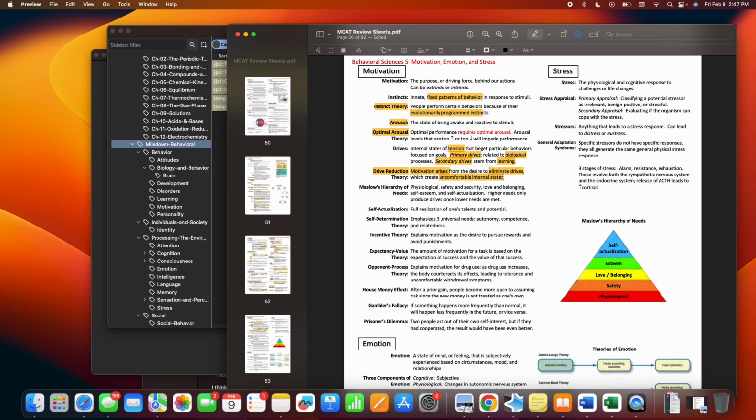That's very interesting. When you reduce your drives, your internal tensions, that's where your motivation arises from. So your motivation arises in order to reduce your drive, and that creates an uncomfortable internal state for you.